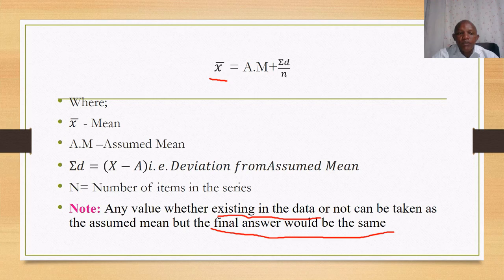Where x bar is the arithmetic mean, a is the assumed mean, summation of d is x minus a, the deviation from assumed mean, and n stands for the number of items. Kindly note that this x minus a may take on values that are not necessarily existing in the data. Sometimes it may be outside the data, but the thing that we need to understand is that it will always give you the same answer.